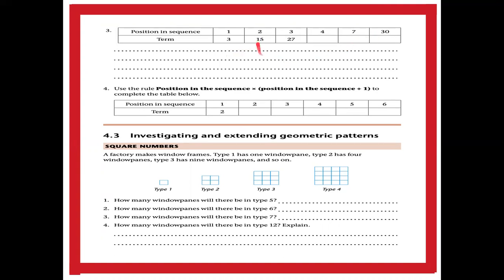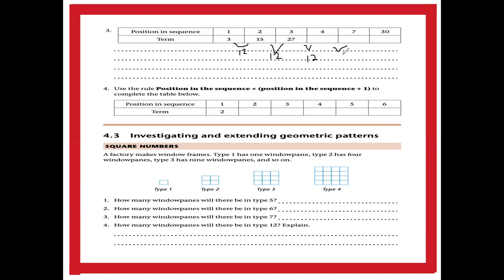Okay, let's look at maybe this one. So the difference between these is 12. And the difference between 15 and 27, I think it's also 12. It is 12. So that means the differences are probably constant, and that all of them will be 12.